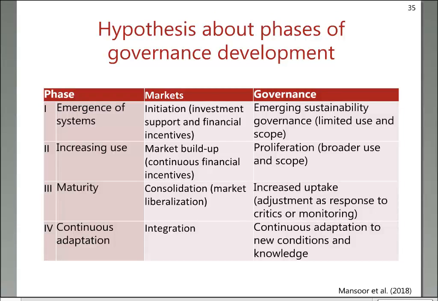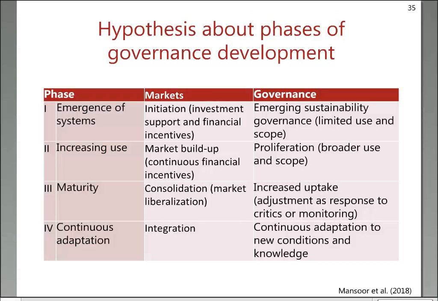First, having a phase where the governance systems emerge, which is linked to the market initiation, sometimes activated by financial incentives. And in this period, also the sustainability governance emerges, but is still of limited use.